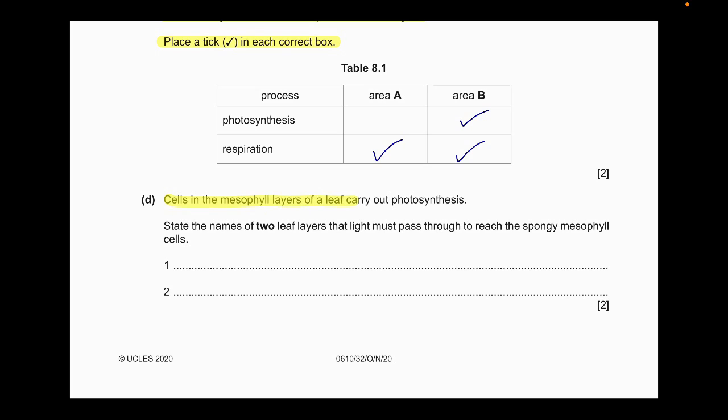Cells in the mesophyll layer of the leaf carry out photosynthesis. State the names of two leaf layers that light must pass through to reach the spongy mesophyll cells.